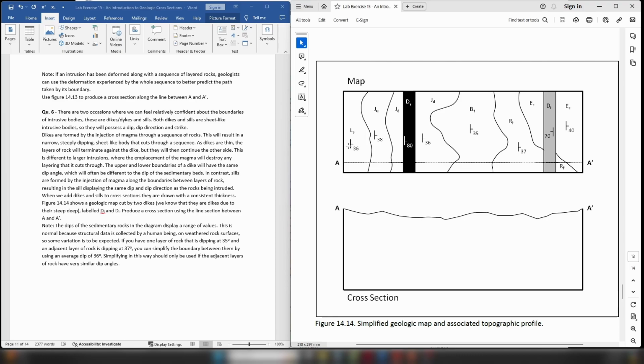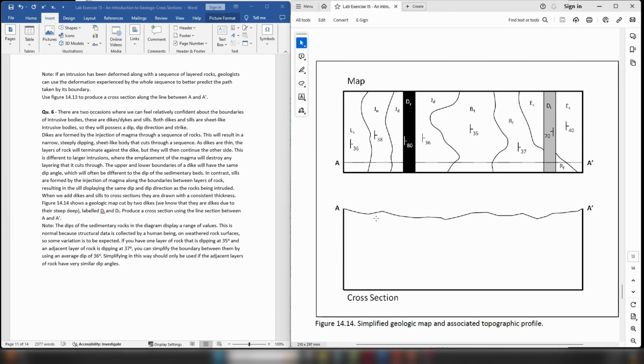So we can see that this layer LS has a dip of 36 degrees, and this layer here, JU, has a dip of 38 degrees. So we're going to split the difference, and we're going to say that this boundary has a dip of 37 degrees. And once again, please take note of the dip direction, because that's going to tell you the direction in which your layer will be dipping, either towards A prime or towards A.